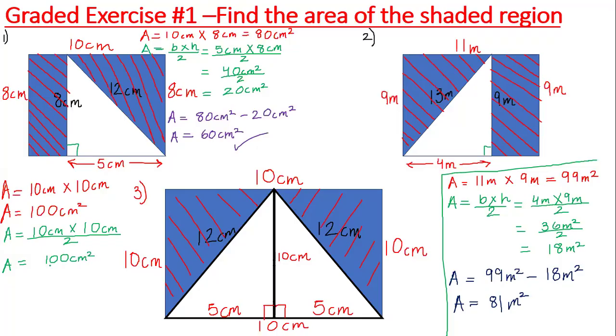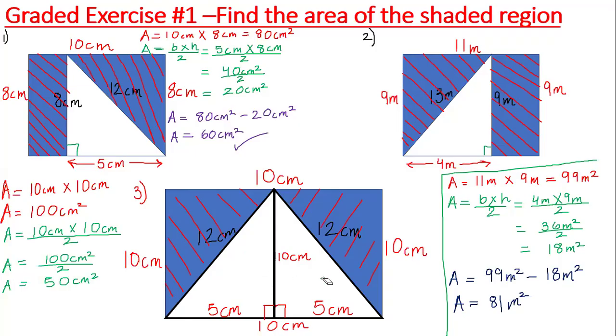Very good. And what is 100 centimeters divided by 2? 50 centimeters squared, right? If you did it the half triangle way, you would get that this is 25 and this is 25. So when you add them together, it will be 50.